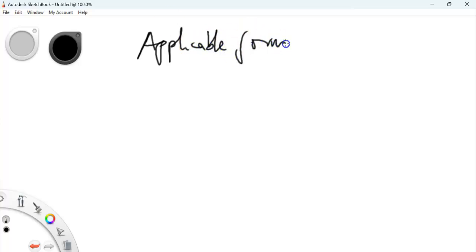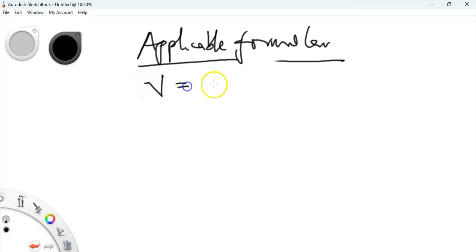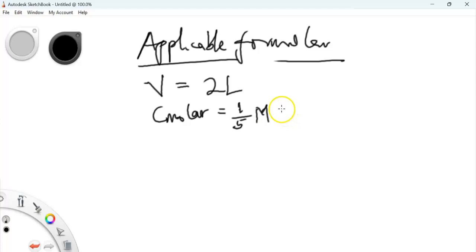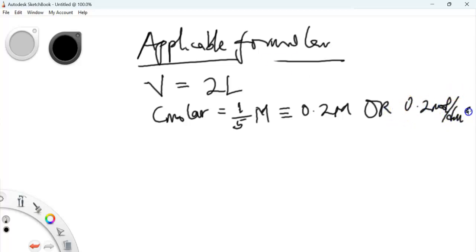The parameters we listed out help us to know what we are given and what we are expected to find. We are given V is equal to 2 liters. Then C molar, that is molar concentration, is equal to 1/5 molar, and that is equivalent to saying 0.2 molar, or 0.2 mole per liter or mole per dm cube.